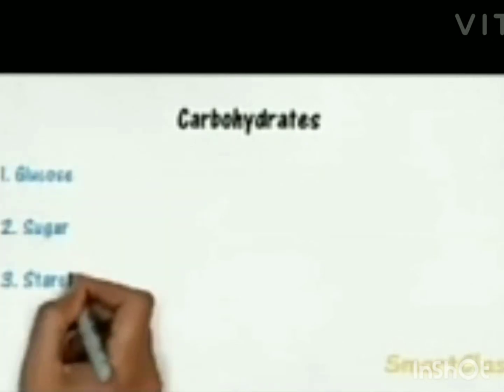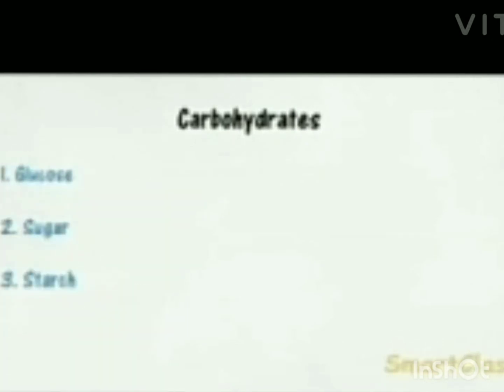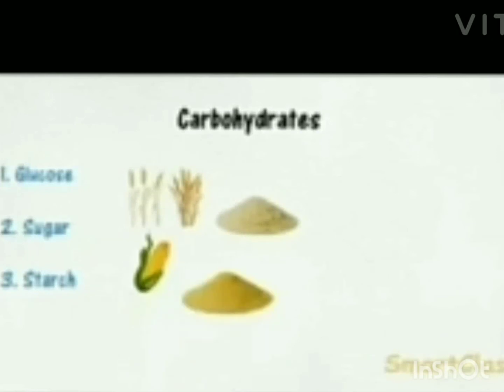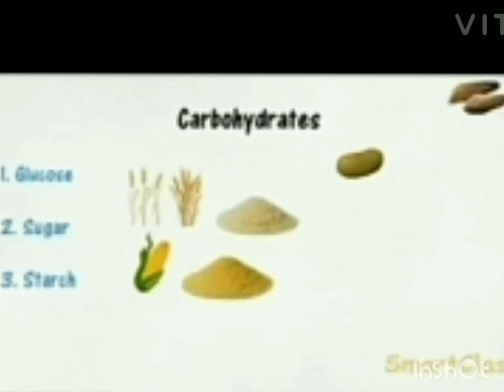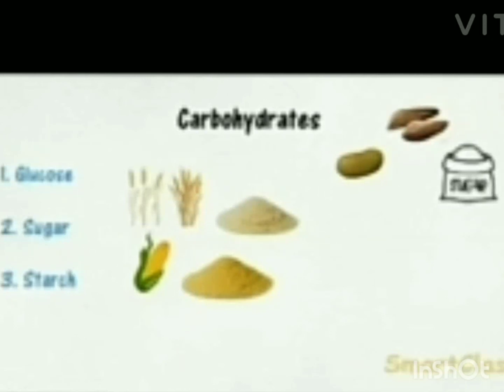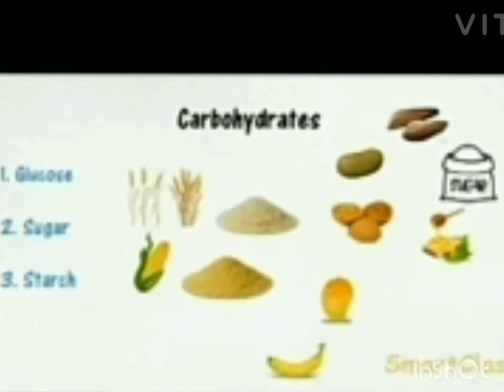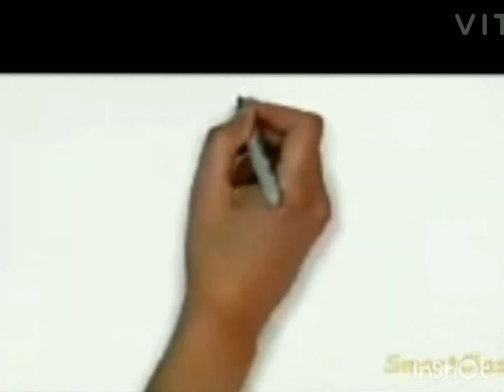Carbohydrates: glucose, sugar and starch are the examples. Cereals like wheat, rice, maize, millets, potato, sweet potato, sugar, jaggery, banana, mango, watermelon and papaya provide carbohydrates.